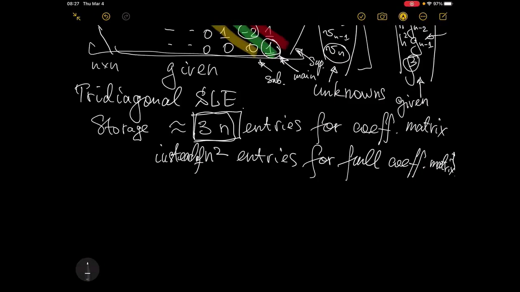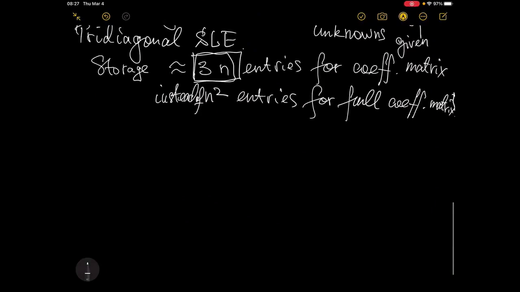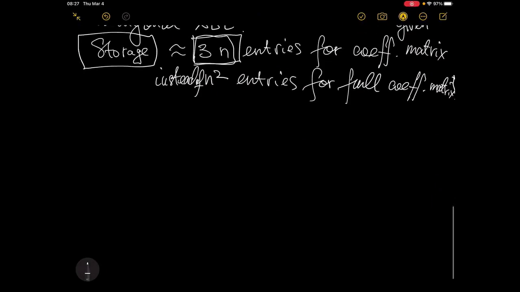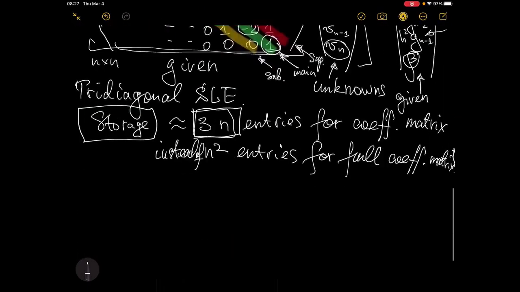So you have to write your code efficiently, in such a way that you use less memory. Okay, so first of all, storage is an advantage of using special methods for sparse systems.